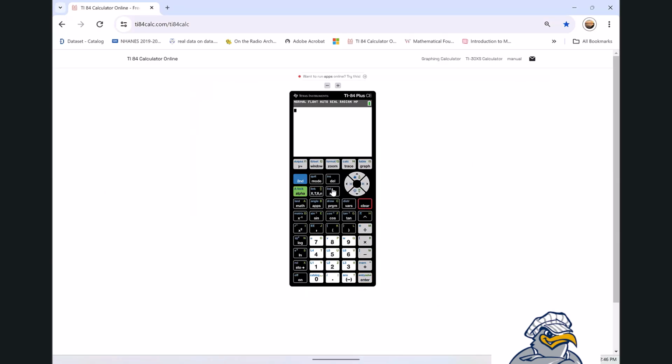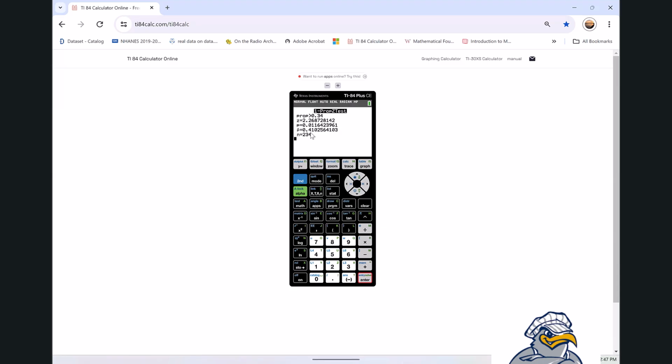You press STAT, go to TESTS, and choose 1-PropZTest here. You enter p naught, the value under the null, 0.34, then the X, then n, and choose the right tail option.